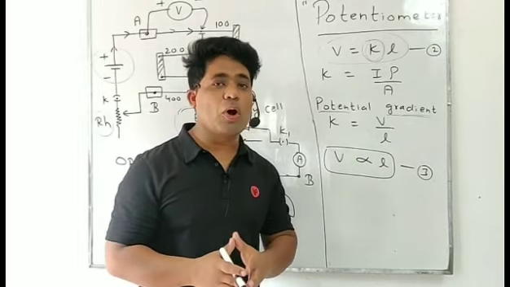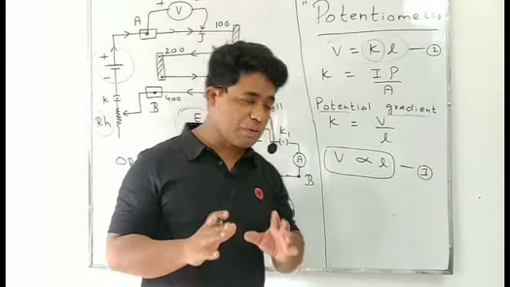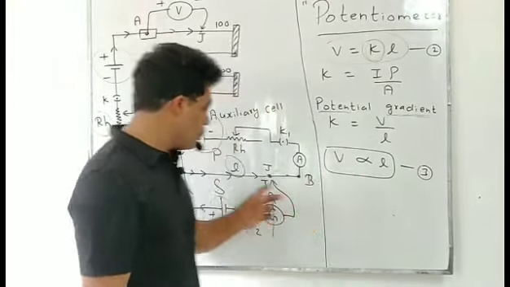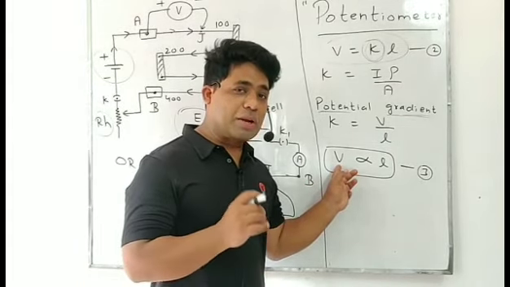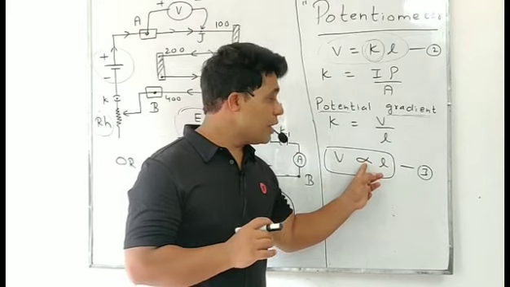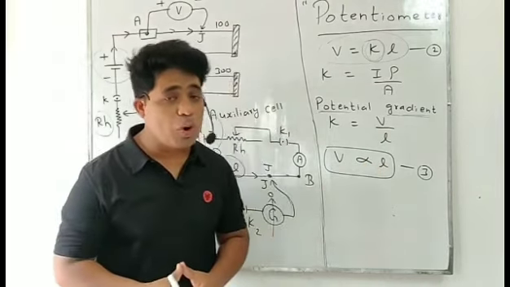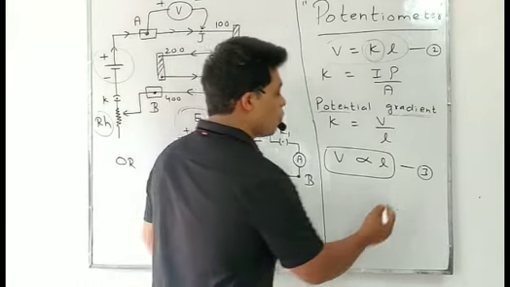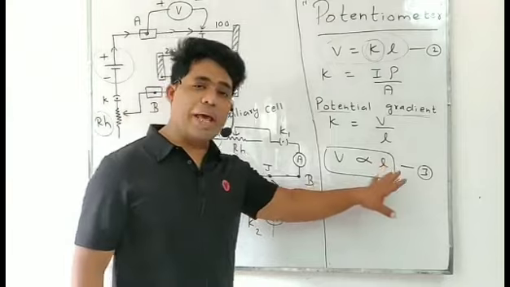This is the statement of the principle of a potentiometer. Look students, one more time. Potential drop, or potential difference of the wire, is directly proportional to its length. This is the principle of a potentiometer. So we got the important conclusion, V proportional to L.